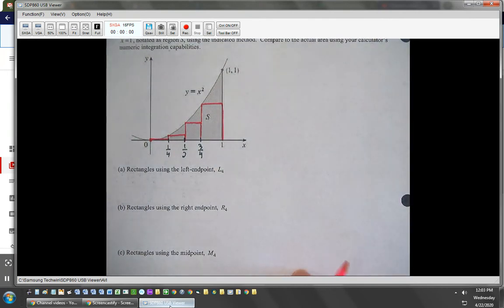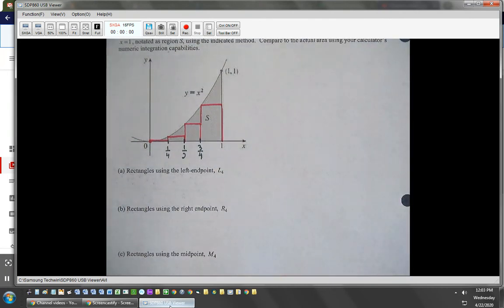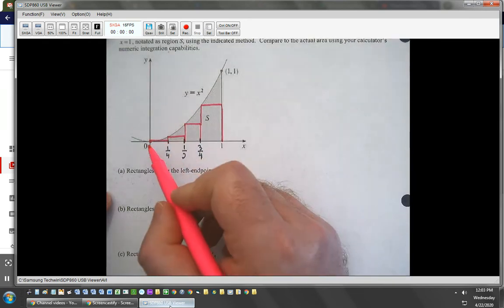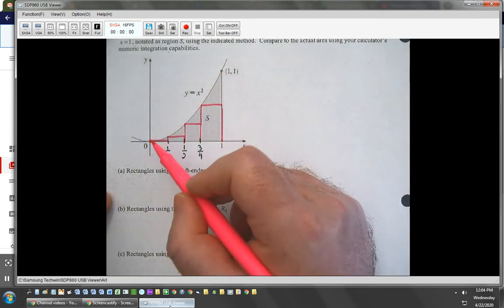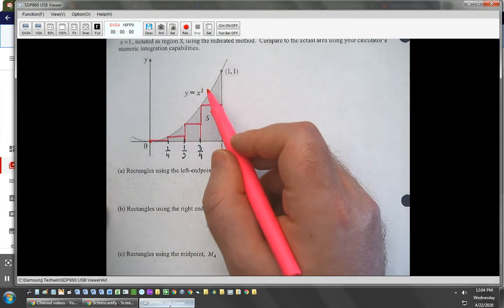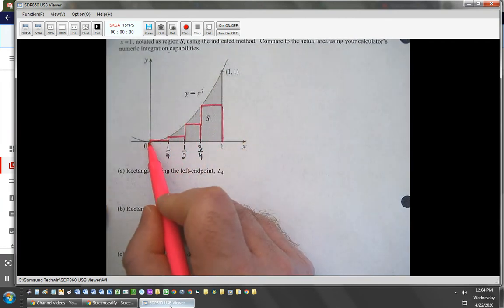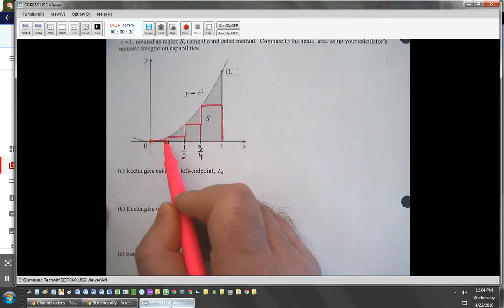Now you can see right off the bat that in this case the left endpoint estimate is definitely going to be an underestimate, and that makes sense because in this interval from 0 to 1, what's happening to my function x squared? It's increasing. So if I start on the left side of it, I'm always going to have the lower points.